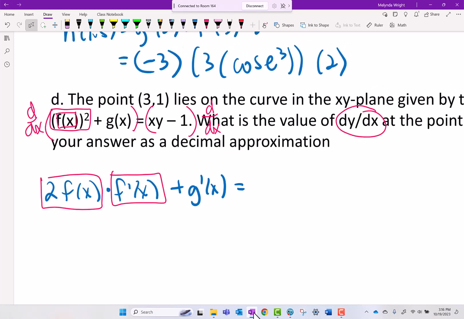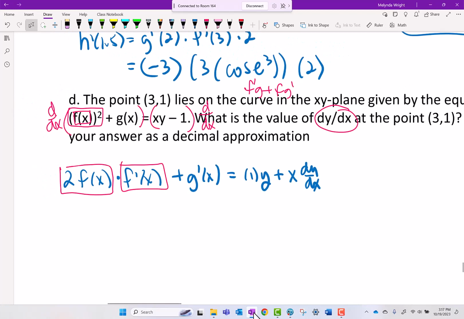So remember the product rule: f'g plus fg', first things first, second things second. The derivative of x is 1, copy the y, plus copy the x, the derivative of y is 1 dy/dx. The derivative of 1 is 0.